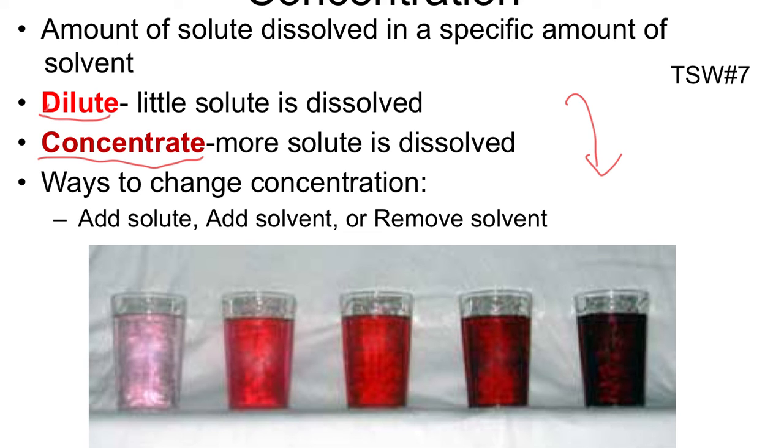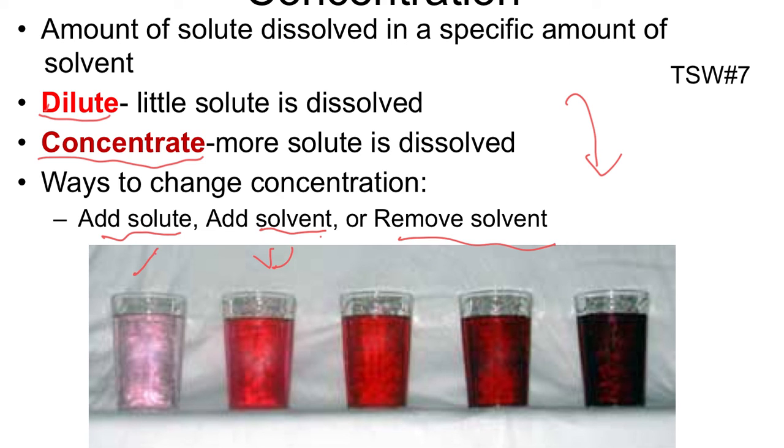There's basically three ways in which you can change concentration. You can add solute to it, you can add solvent, or you can remove the solvent. Adding solute basically means whatever you're trying to dissolve, you just add more of that, and that'll affect the concentration. If you add solvent, that's going to make your concentration weaker.